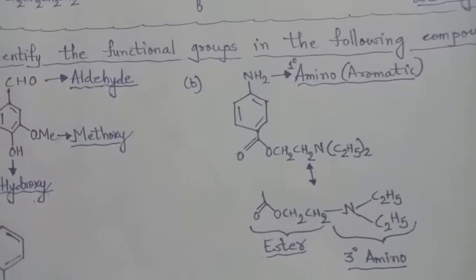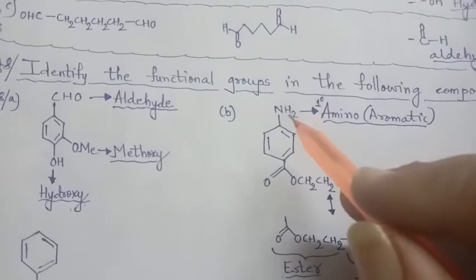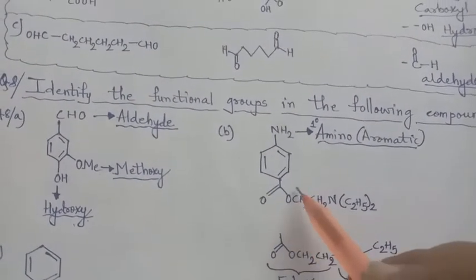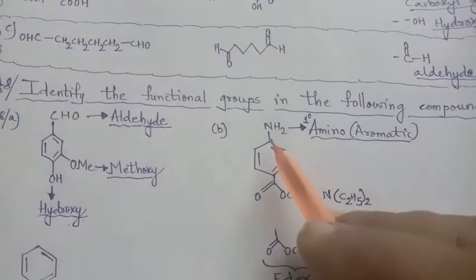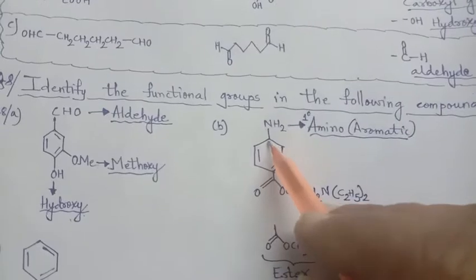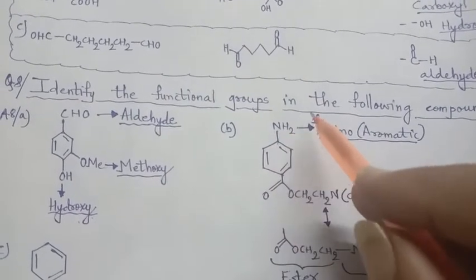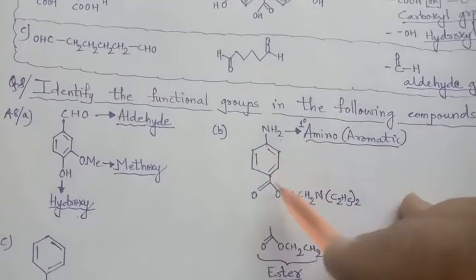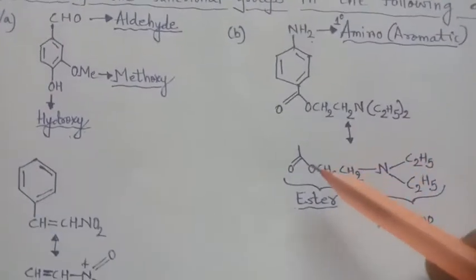The next question is again an aromatic ring, along with it is NH2, right, amine, and here it is C double bond O and R, that is an alkyl group. So here on this first carbon, the attachment is on one side, so it is 1 degree amino. Amine we say, but as it is on an aromatic, cyclic compound, it is amino. And see here what is this?